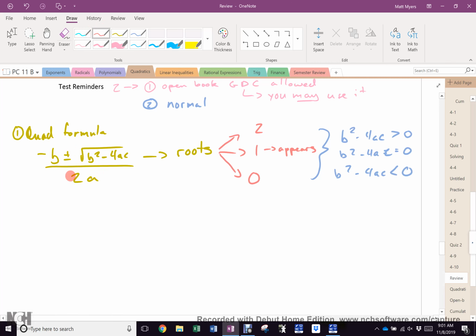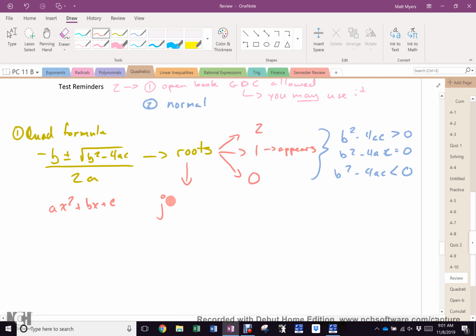Remember, all you do to solve this is sub in that. And then you use your old-timey calculator to get a decimal answer. All right? Remember, these roots are either some number. What's the letter we never use? Z looks like a 2.